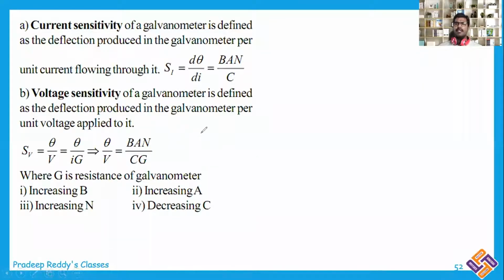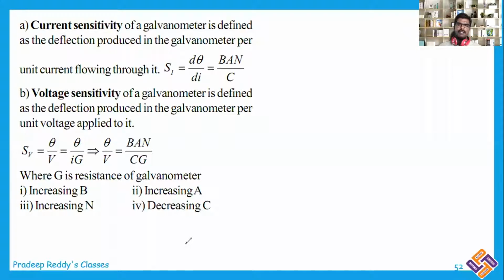Students, we are using a galvanometer in order to find out the current passing through it. And the current which is passing through is because of the external potential difference which you are connecting. Therefore, a galvanometer will have specific current sensitivity and voltage sensitivity.